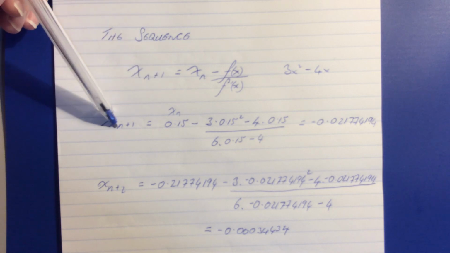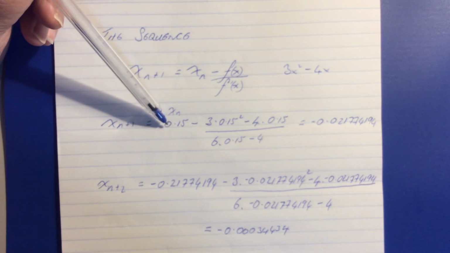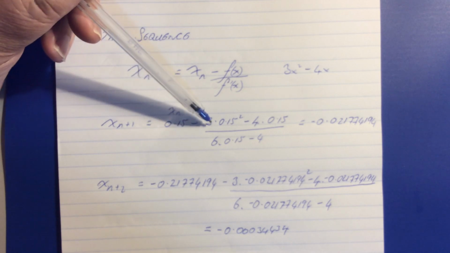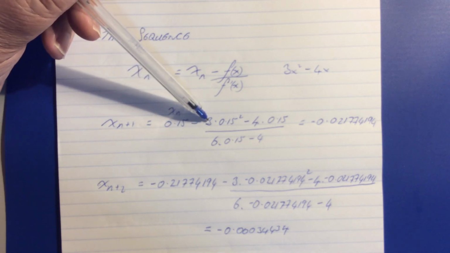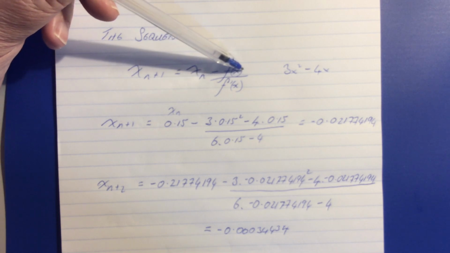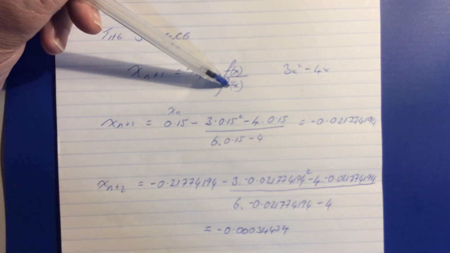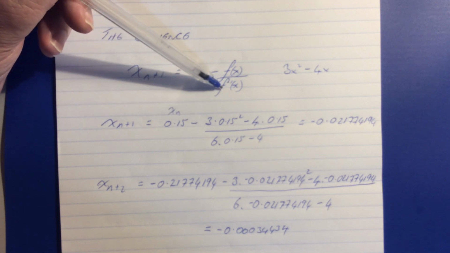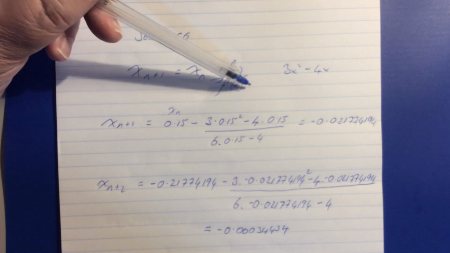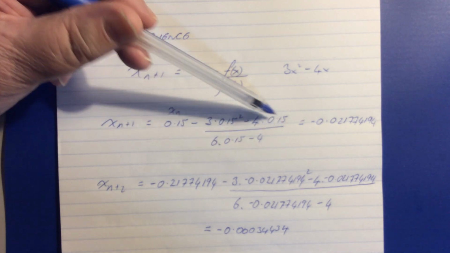So, what happens? Well, the next number in our sequence is going to be generated by taking 0.15 and subtracting the function of 0.15 divided by f prime of 0.15. Now here are the numbers.